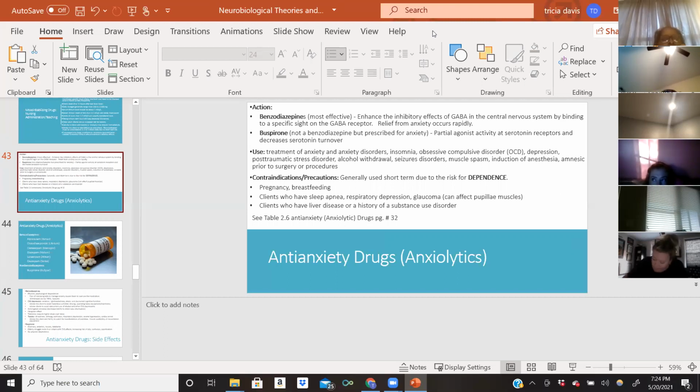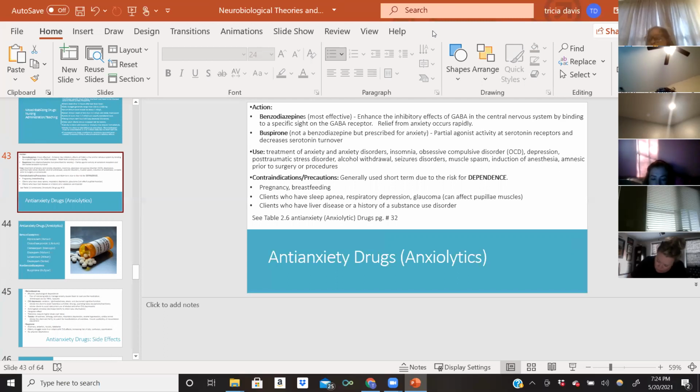And then buspirone is not a benzodiazepine, but it is prescribed for anxiety. It's a partial agonist activity at the serotonin receptors, and it decreases serotonin turnover, so you have more serotonin.